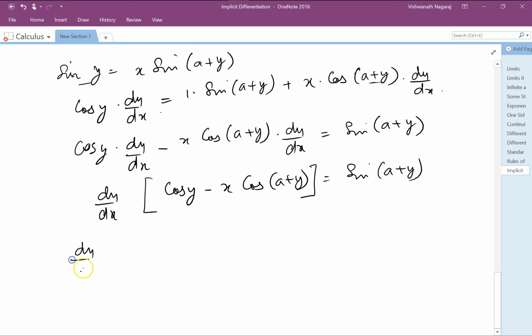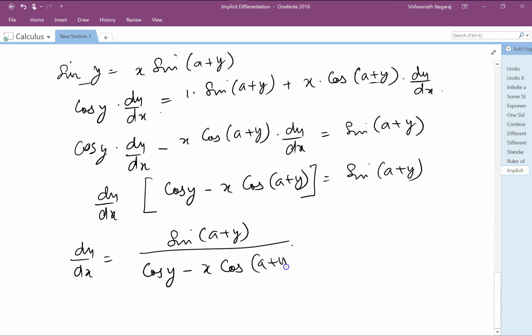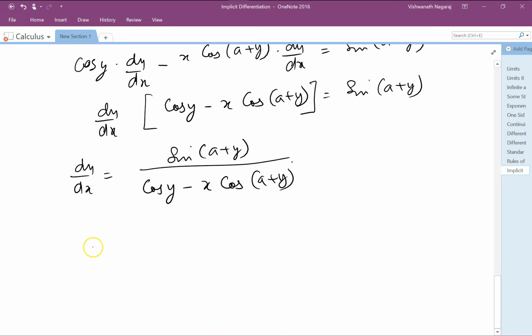So dy by dx would be equal to sin(a+y) divided by cos y minus x cos(a+y).